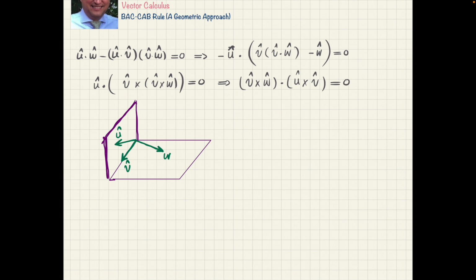But then hopefully you can immediately realize that you can conclude that v cross u is parallel to v cross w. Yes, because what is v cross w? v cross w is a vector in this direction. And then what is v cross u? v cross u will be a vector which goes to the back of this one, and it's perpendicular to this plane.